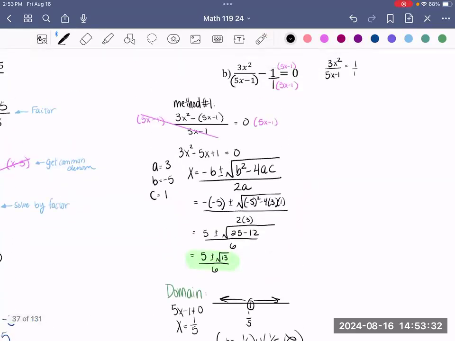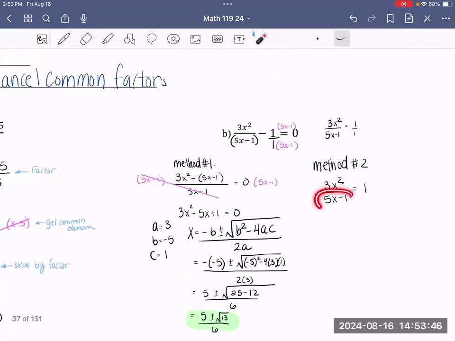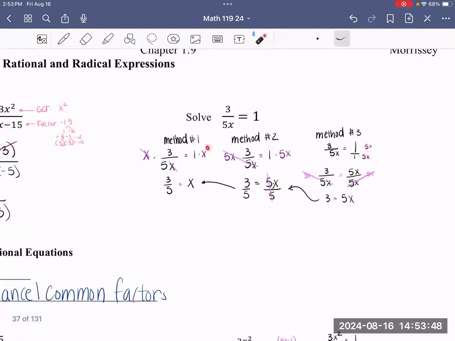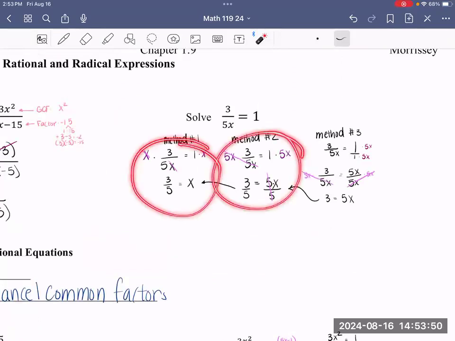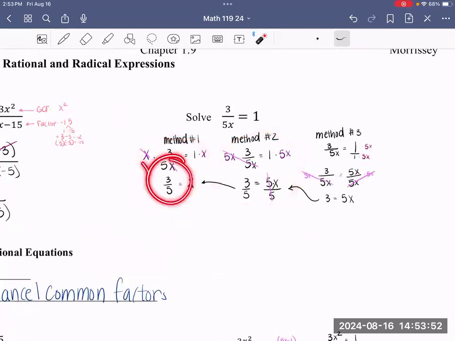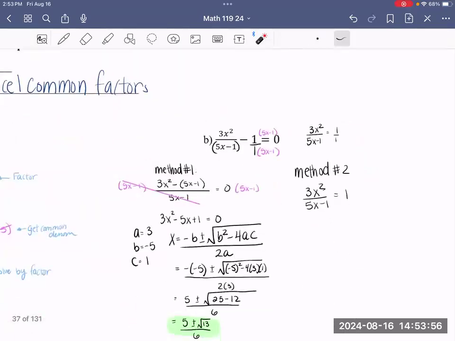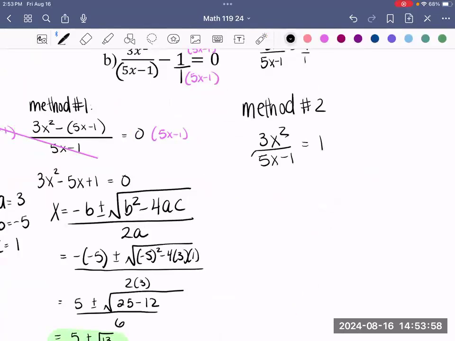Now, if you wanted to, you could have done it a little differently. You can move that 1 over to the other side. And then just like these other two methods, trying to get your variable out of the denominator, we can't just multiply everything by x.